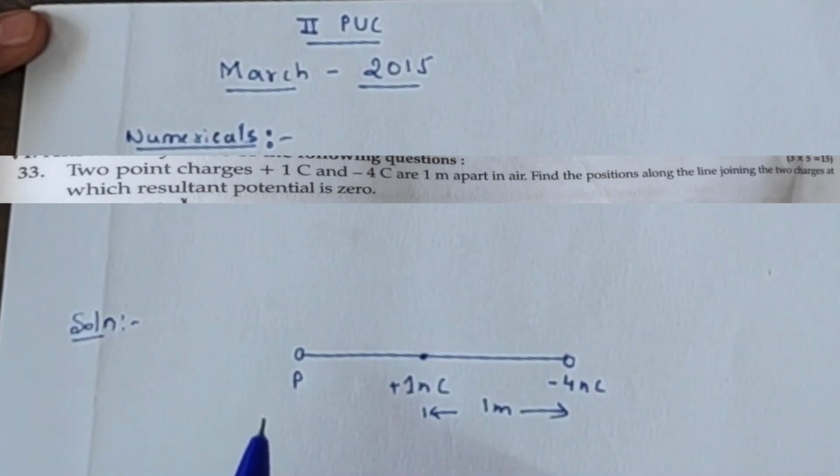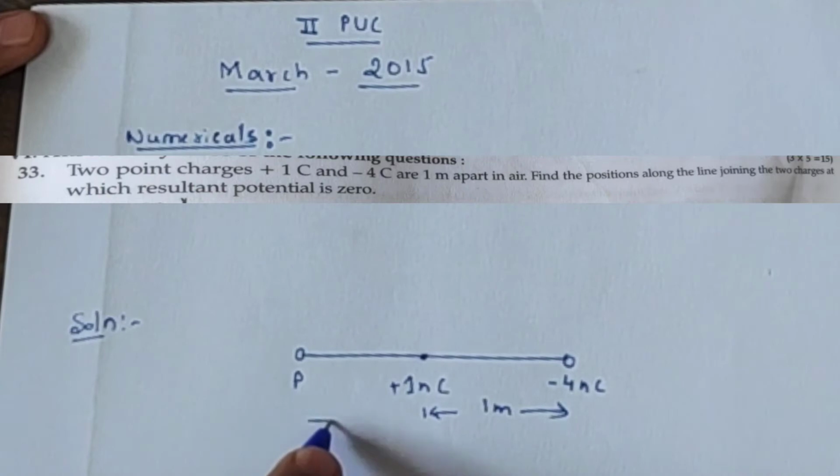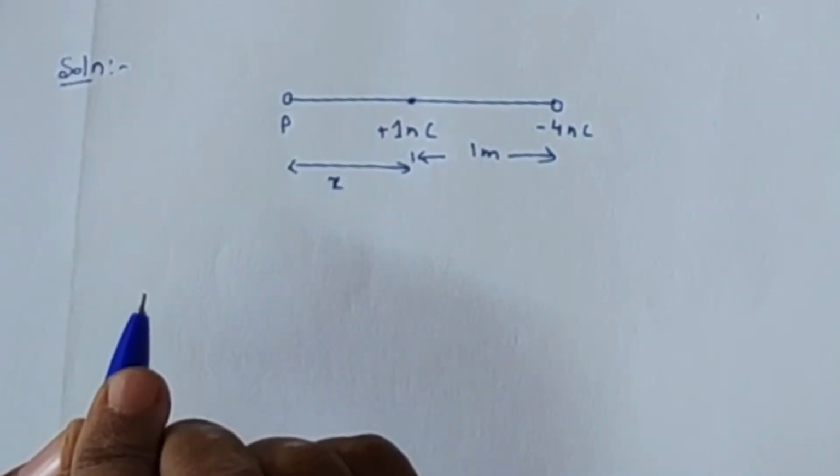Find the position along the line joining the two charges at which the resultant potential is 0. Here the potential is equal to 0. It is from this point to the 1 nanocoulomb charge, it is x, we are taking.